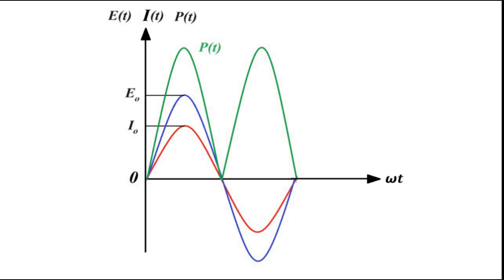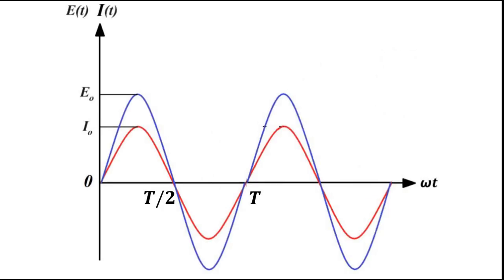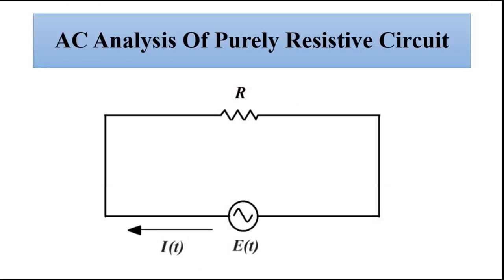So this is the AC analysis of a purely resistive circuit. In a quick way, without going into a lot of detail, I tried to give you a quick review of the whole thing, which will come into play in our discussion related to the parameters associated with power transmission lines.